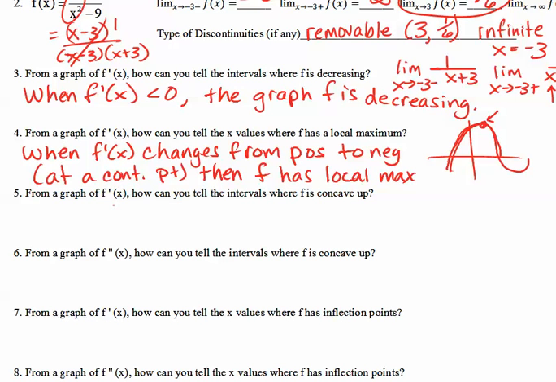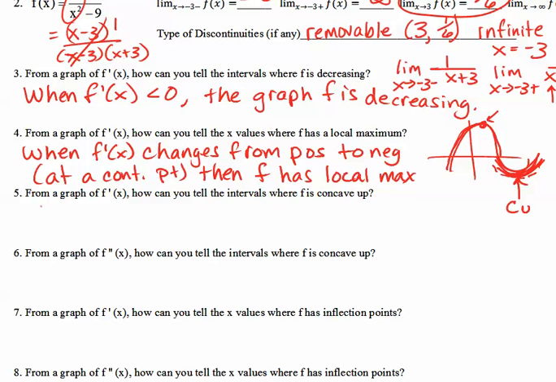From a graph of f prime, how can we tell the intervals where f is concave up? Well, let's look at my picture right here. Here we can see in this section concave up. Remember what concave up means? That the slopes are increasing, and that means that f prime would be rising.